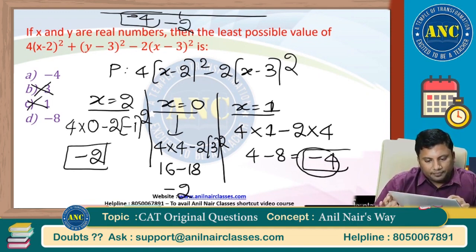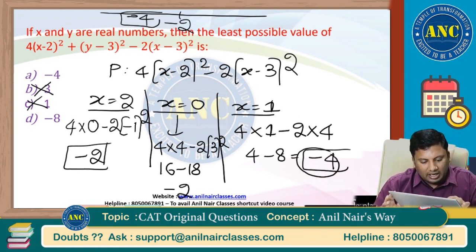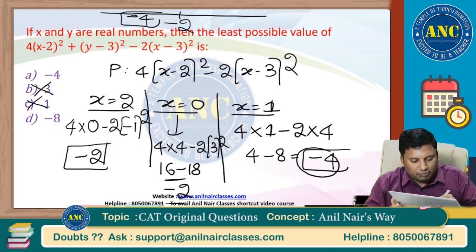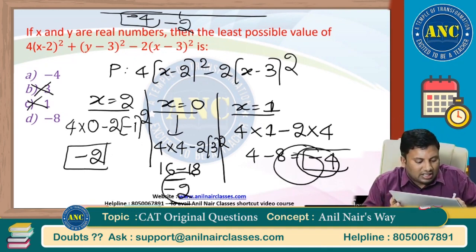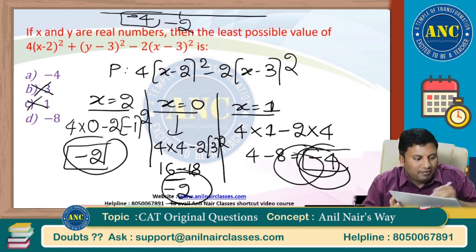Here x equivalent to 0: 4 into 4 minus 2 into 9, 16 minus 18, minus 2. x equivalent to 1: 4 minus 8, which is nothing but minus 4. Out of all these three values, what is the minimum value? Minus 4 is the minimum value.